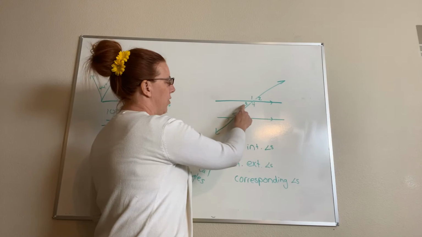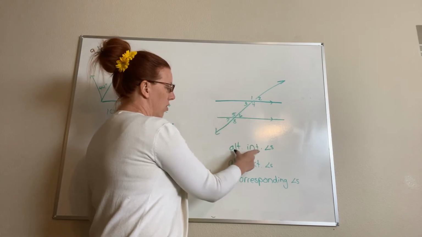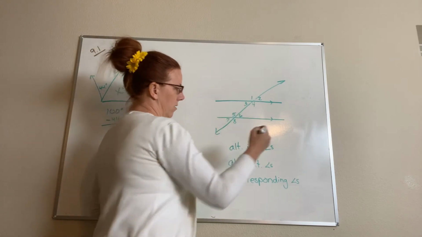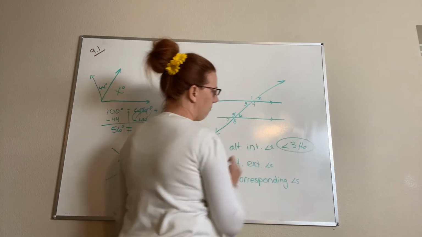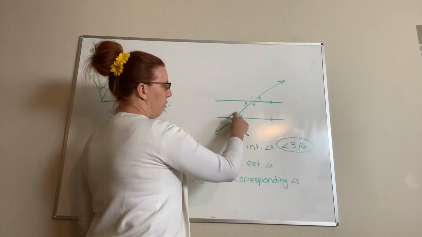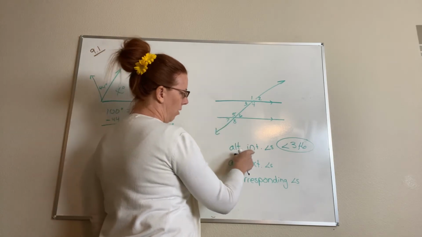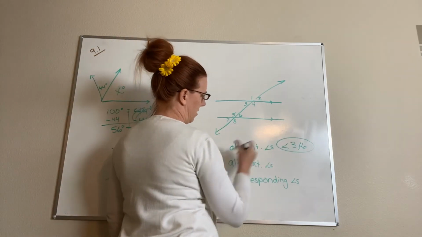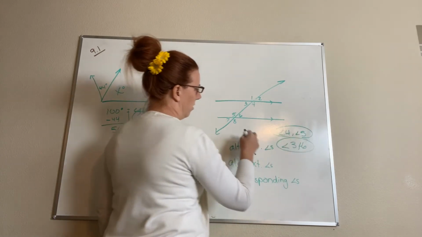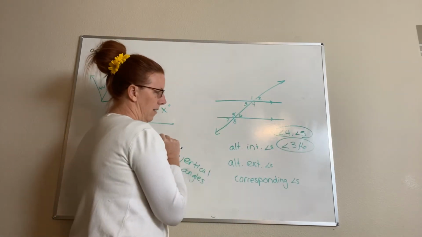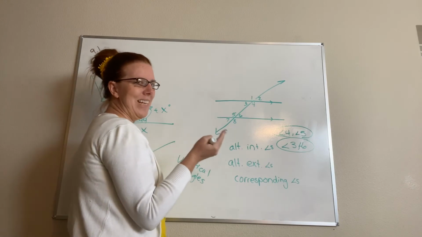For example, 3 and 6 are alternate interior angles. Angles 4 and 5 are also alternate interior angles. Okay, so I have two sets of alternate interior angles.